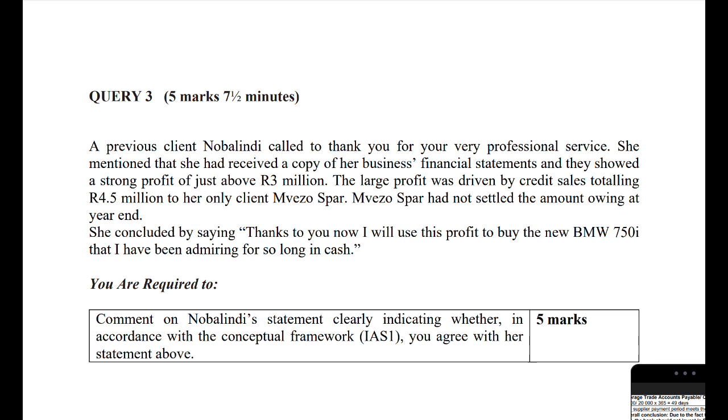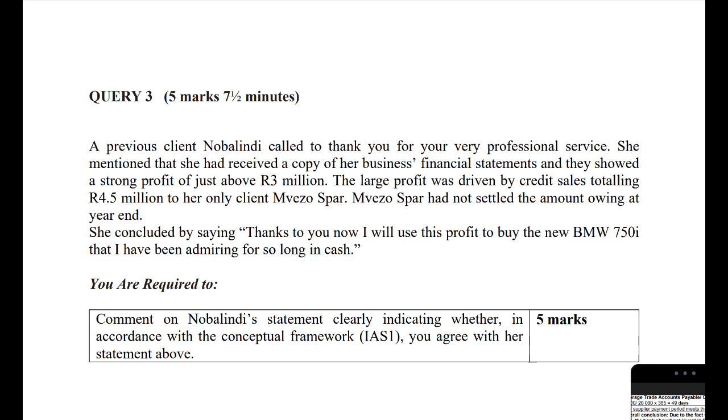But you never received any cash, because according to the accrual concept, your net profit in your income statement is not actual cash. You recorded a sale, but you never received cash for it. It's still owing for the year. So net profit doesn't tell you how much cash is in the business.